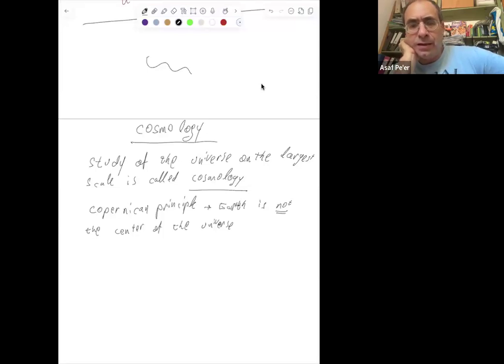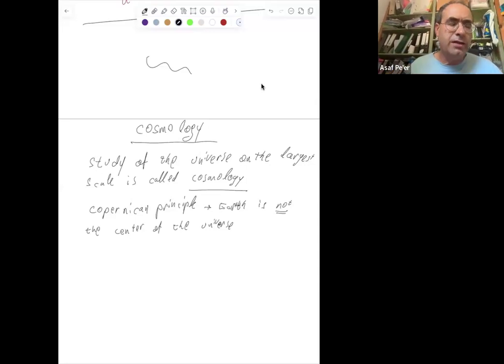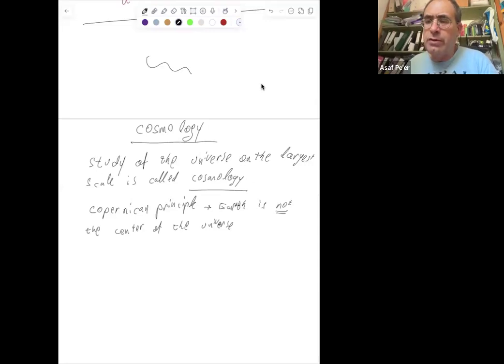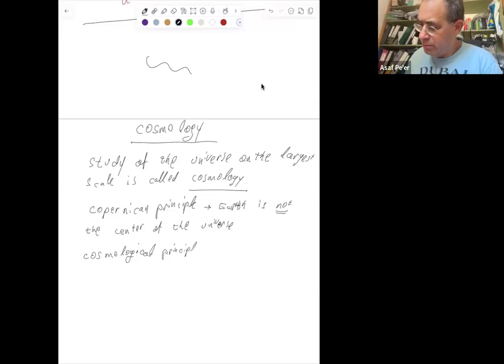It says that the universe on a large scale is homogeneous and isotropic. Namely, that there is nothing special in our place in the universe. So that's called the cosmological principle, which is a modern-day version of the Copernican principle.